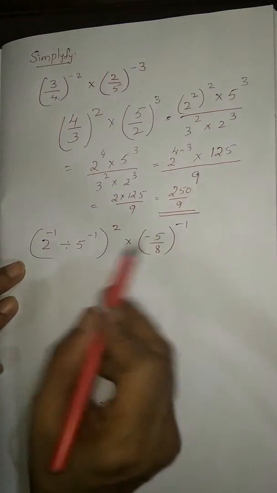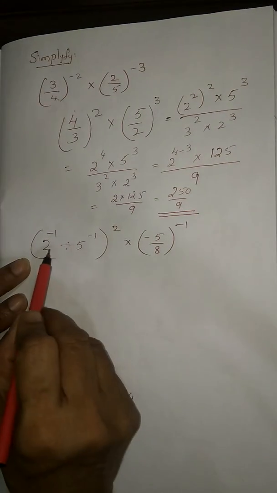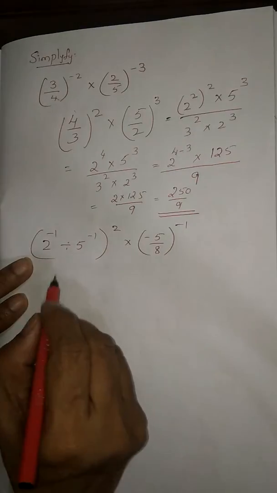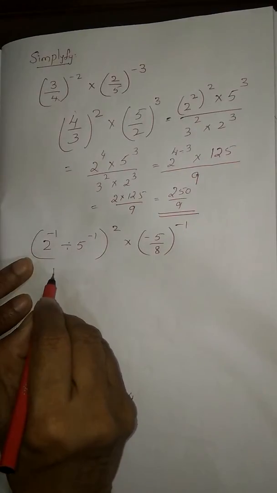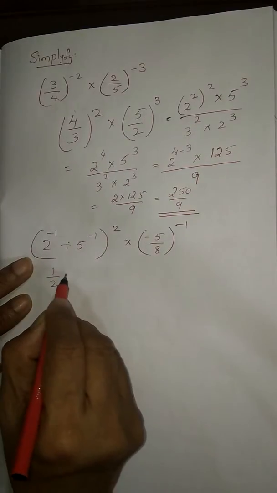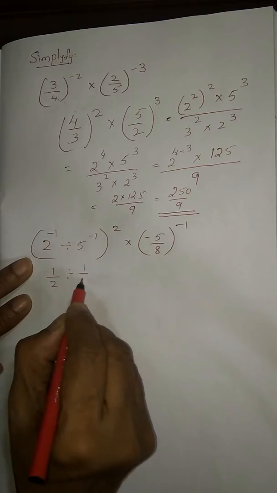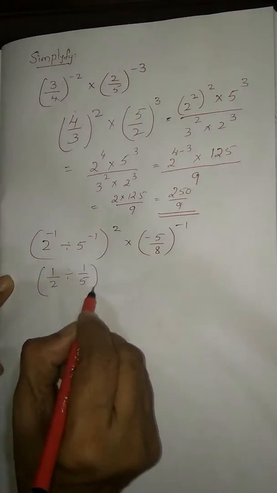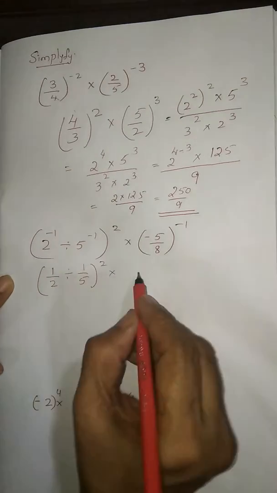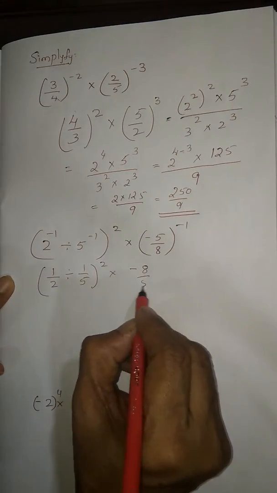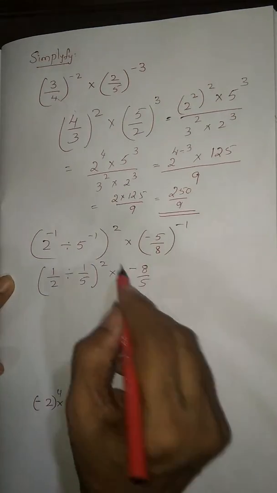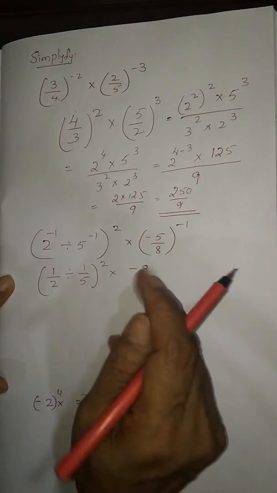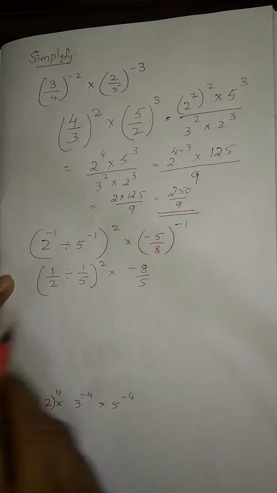Now simplifying this, again we will convert this negative exponent to positive. So 1 by 2 divided by (1 by 5) whole squared into minus 8 by 5. To the power of 1, we will not write it as power of 1. So this is enough.